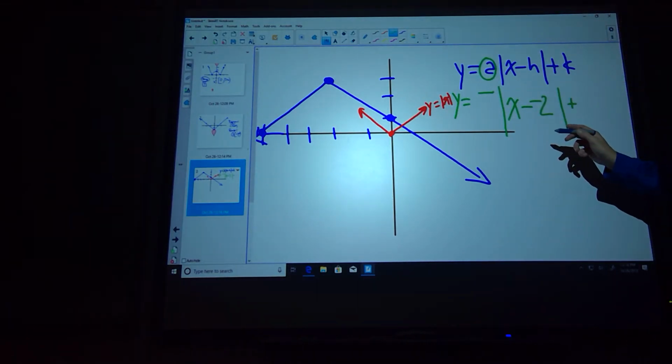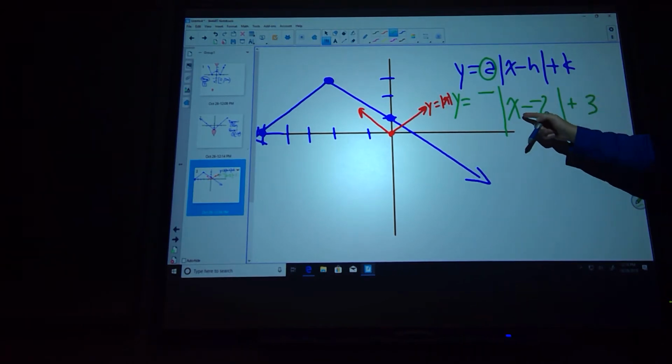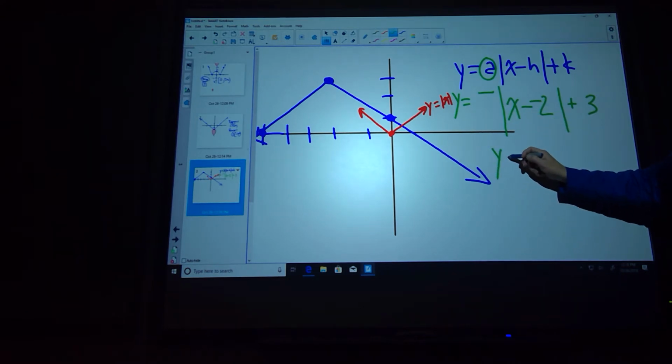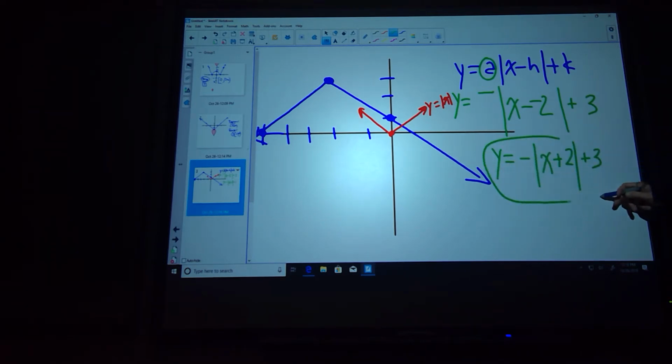And then it shifted up how many? 3. Now, remember how I say it's always opposite? That's why it's opposite. So I have y equals negative. Done. So this is the result.